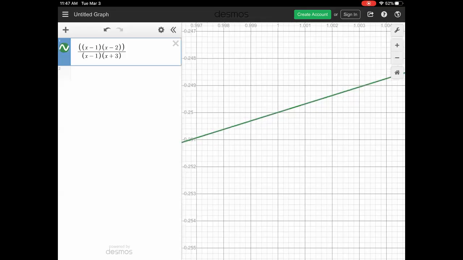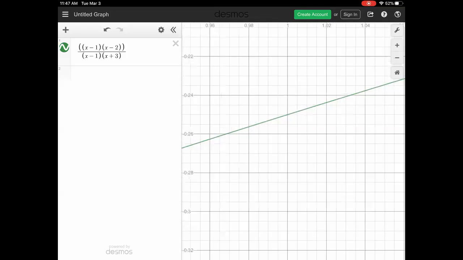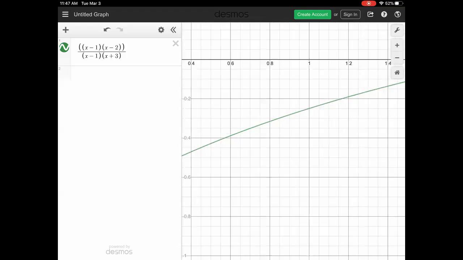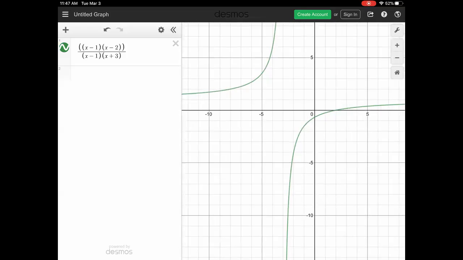It'll never show the hole. There, undefined, which is at x equals 1. Sneaky though if you're just looking at the graph on Desmos, because it doesn't show clearly that there's a hole there.